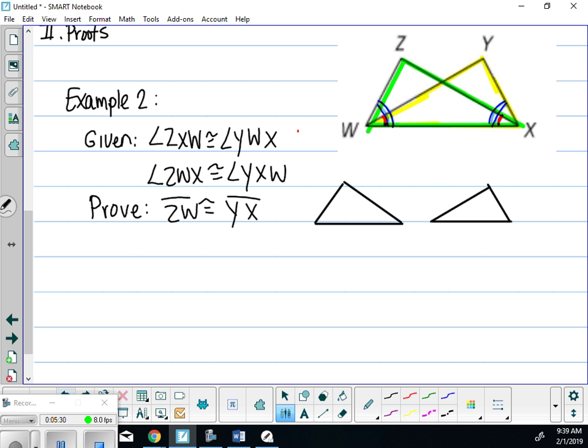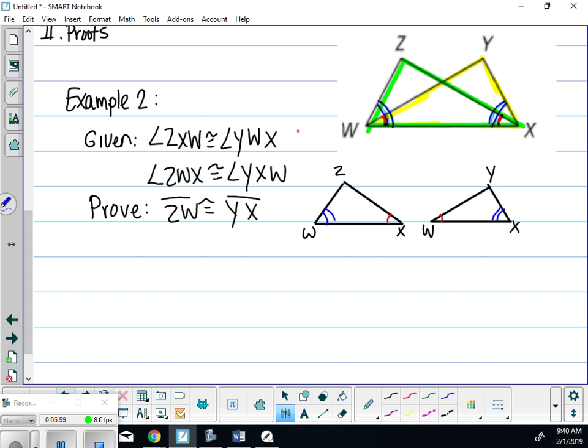So I have this triangle, which is WZX, and this is WYX. And my given information is that these two little angles right here are congruent, and that these two bigger angles right here are congruent. Okay.